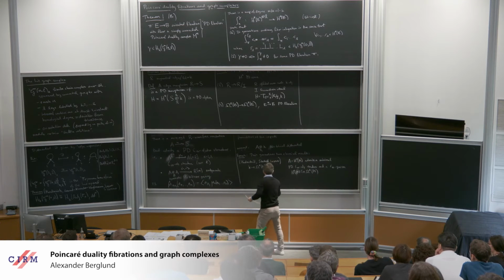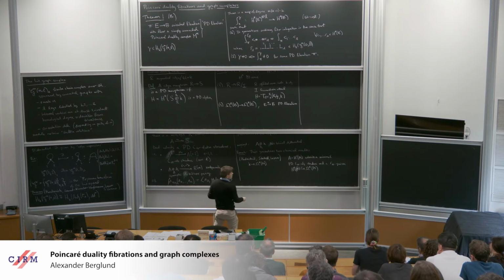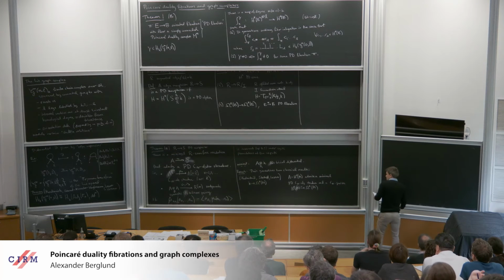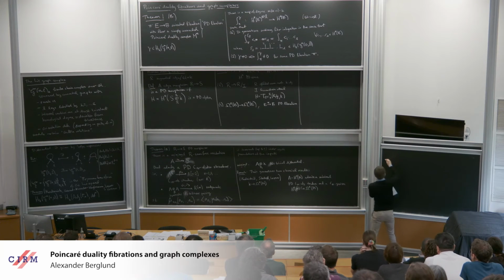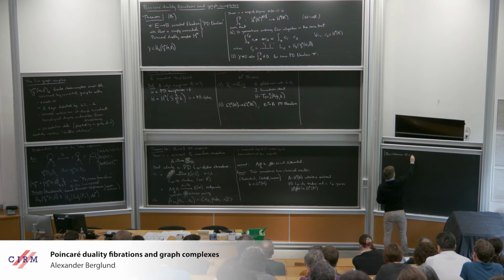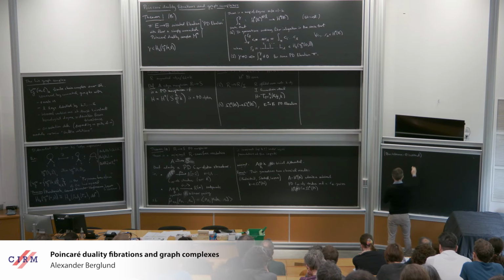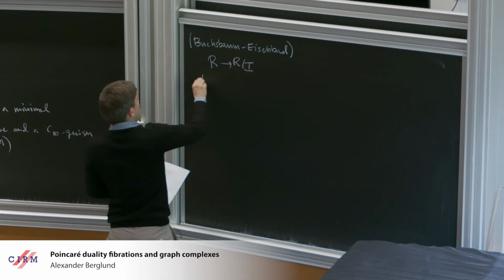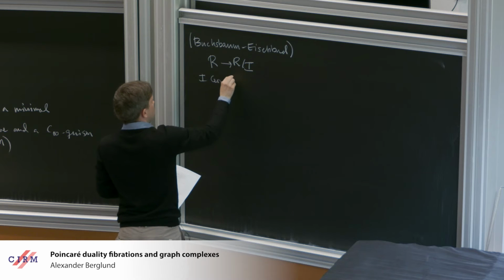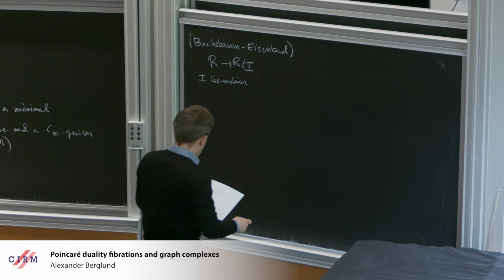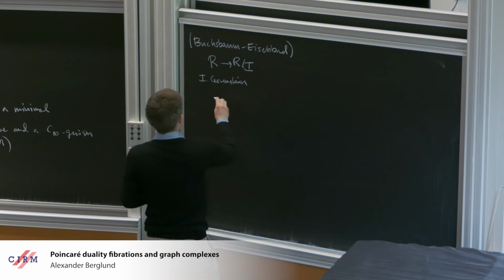But this also specializes in another way. So maybe I'll move over here to explain that. Another classical result from commutative ring theory, which is due to Buchsbaum and Eisenbud, is the following. This is in the second case, when I is a Gorenstein ideal, and R is just an ordinary graded commutative Noetherian ring without any differential.